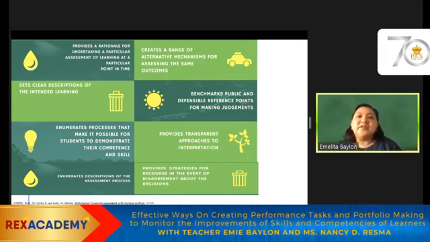It's important that we align our assessments with curriculum standards, for example, what's prescribed at the national level, the curriculum guide prescribed by the Department of Education, or even the curriculum offerings of your institution.